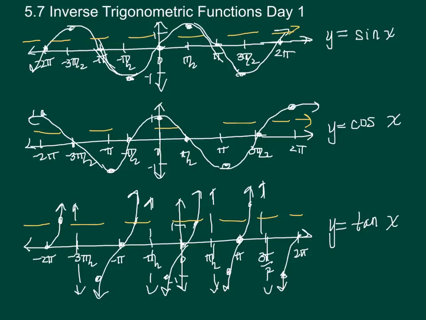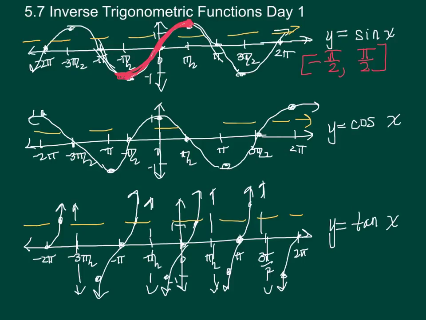If I restrict sine from negative pi over 2 to positive pi over 2 only, make it really dark, then this part of the graph will pass the horizontal line test. So now this is going to be my new domain for finding the inverse.